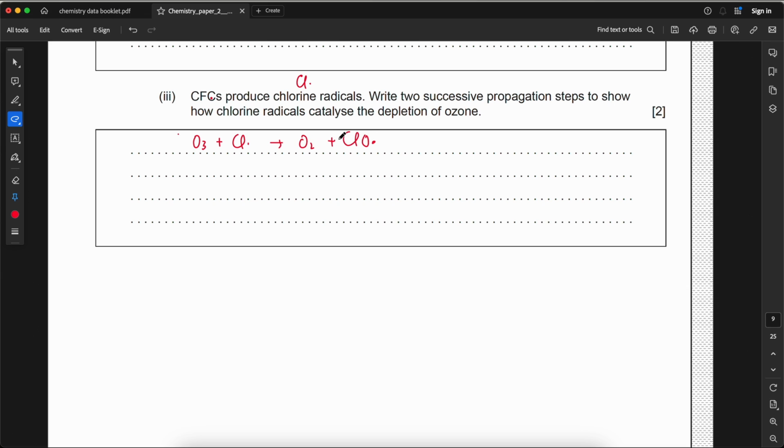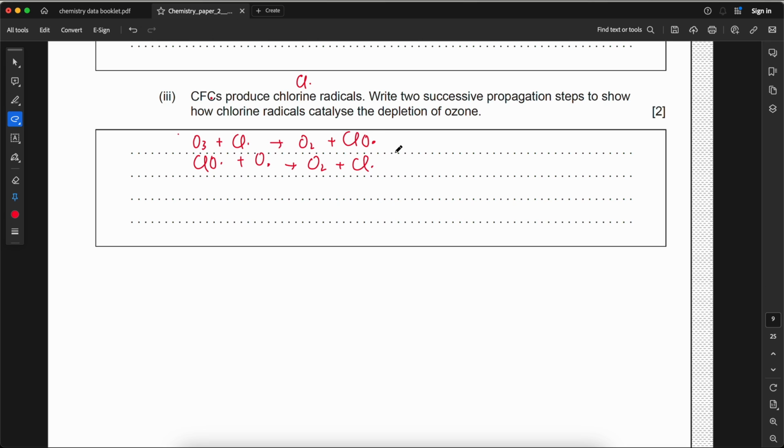So the chlorine atom reacts with ozone, forming ClO radical that can further react with ozone molecule, causing depletion of ozone. So next, ClO radical will react with O radical, producing oxygen and Cl radical. The regeneration of Cl radical then goes on to catalyze the breakdown of more ozone molecules.